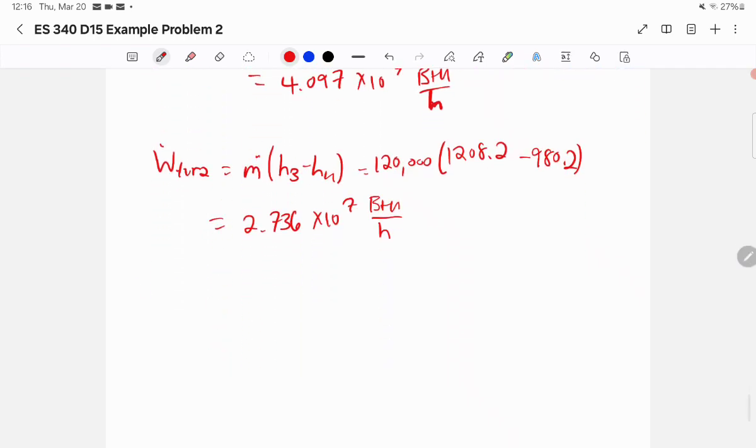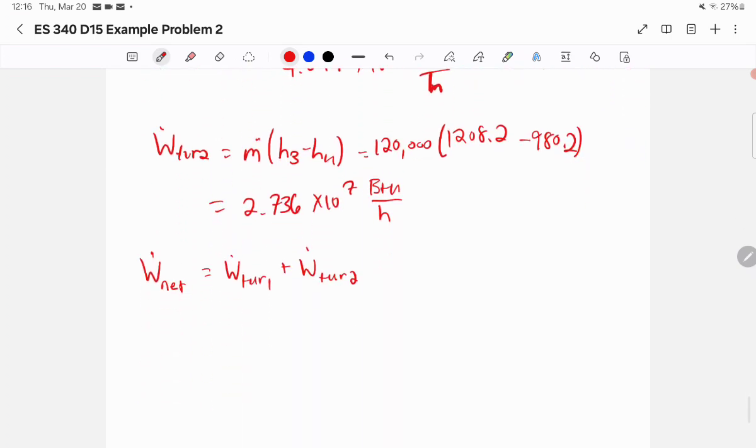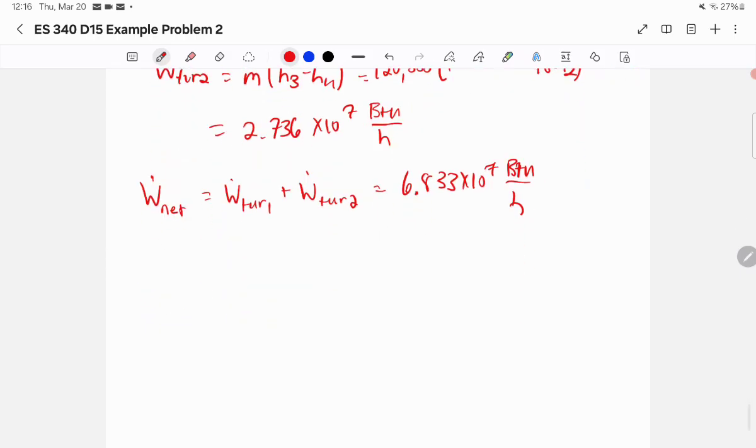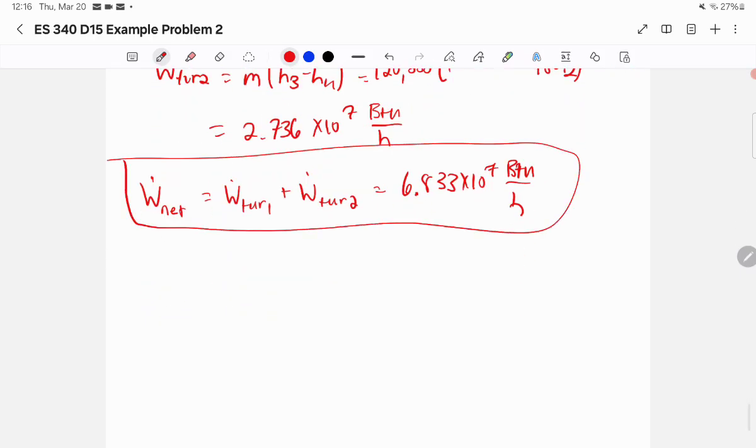The net power, W net dot, is going to be equal to W dot turbine 1 plus W dot turbine 2. Notice both of them were positive quantities, so obviously it's going to be a larger quantity. If you add the two together, 6.833 times 10 to the 7th BTU per hour. That was the net work, and that was what we were asked for that part.